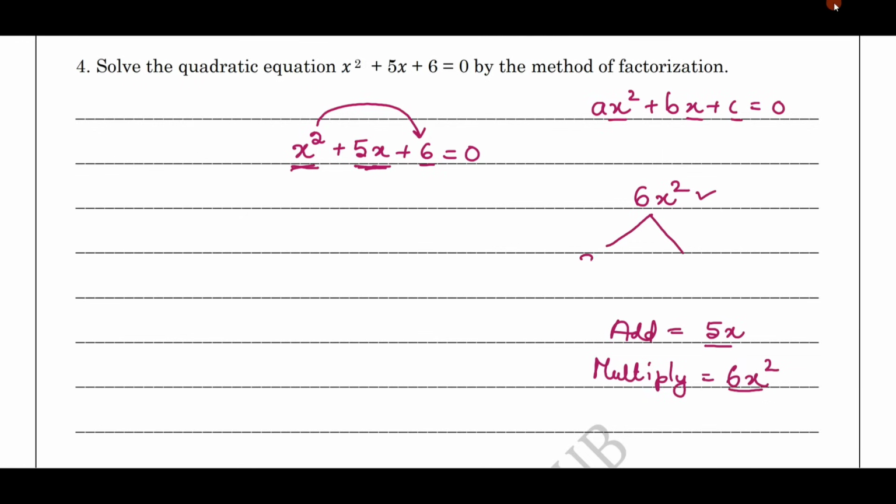The numbers will be 3x and 2x, right? Plus 3x plus 2x. 3 twos are 6, 3 plus 2 is 5.